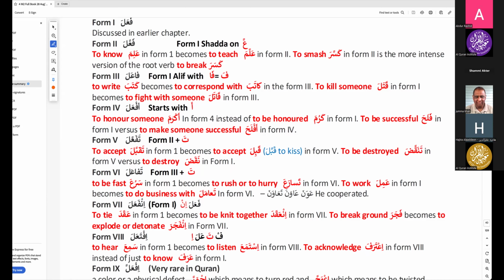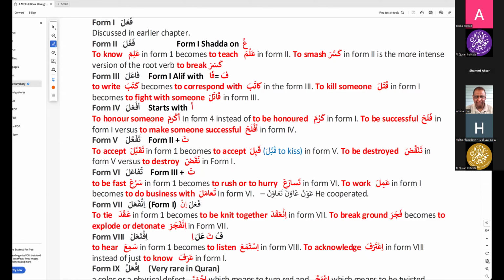In form 1, to be honored is karuma. To make that causative, akrama. Hamzatul qat' takes place before the kaf, and the kaf loses its damma. So it becomes akrama, to honor someone.